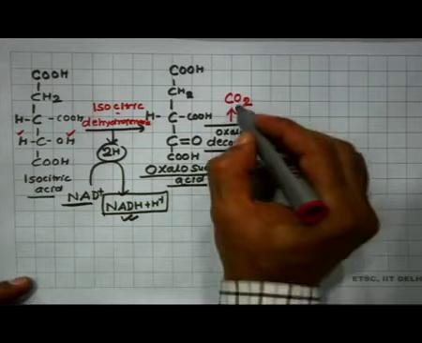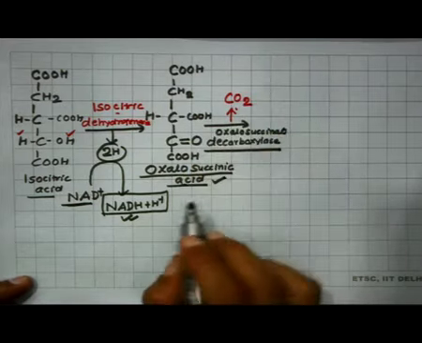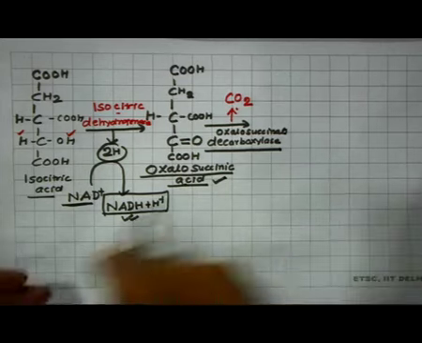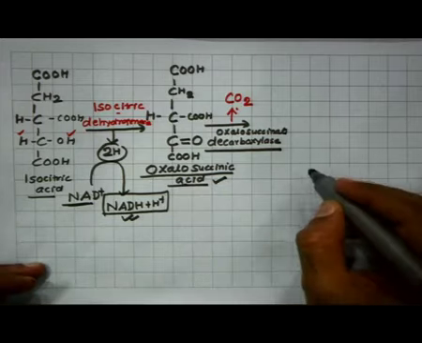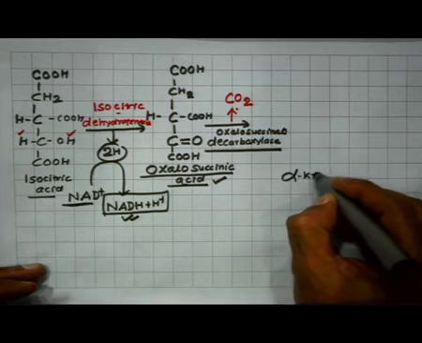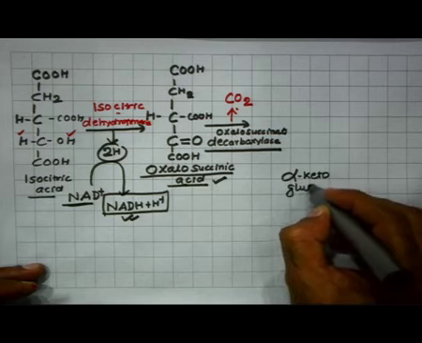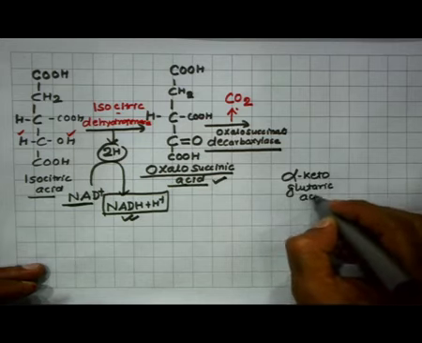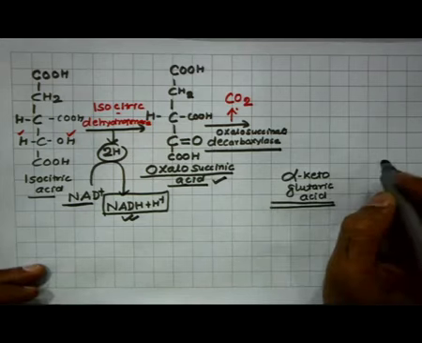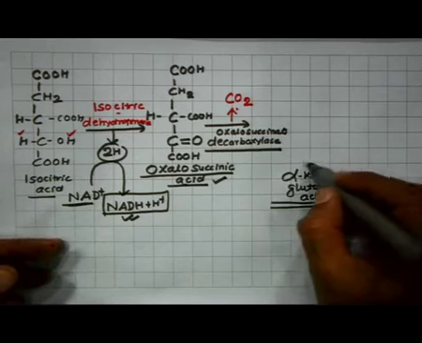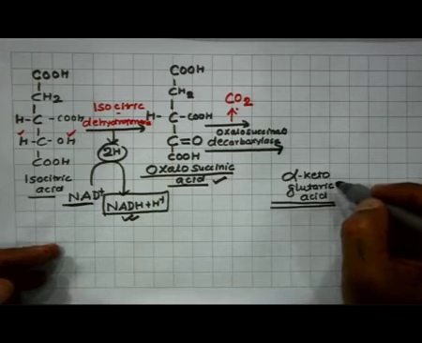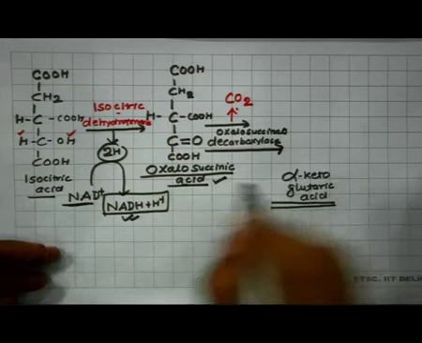When we know from where of the oxalosuccinic acid this carbon dioxide is removed, we can easily write the next step. From the oxalosuccinic acid after the removal of carbon dioxide, there is the formation of alpha ketoglutaric acid, which is the intermediate product of the Krebs cycle. Besides carbohydrate, other substrates also form the alpha ketoglutaric acid. This carbon dioxide is removed from here.